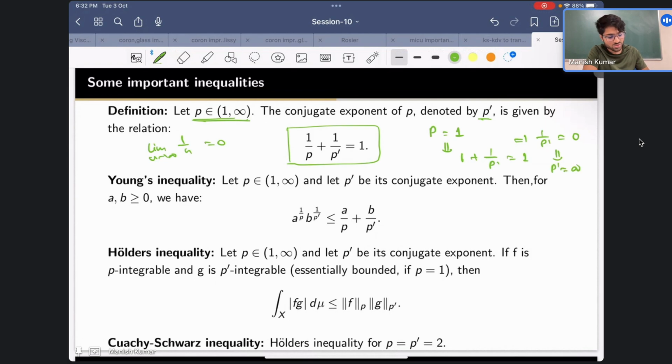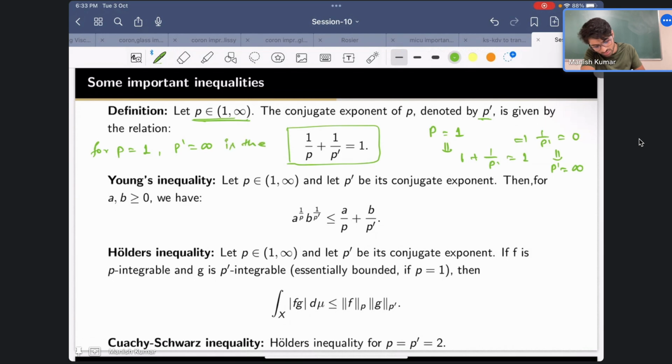This is not the actual mathematics, but what I am saying is that for p lying between 1 and infinity, you define the conjugate exponent in this way, and for p equal to 1, p prime equal to infinity is the conjugate exponent. So this is the definition.